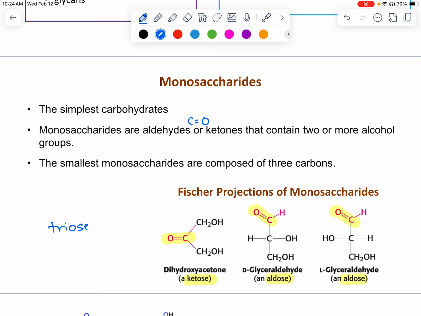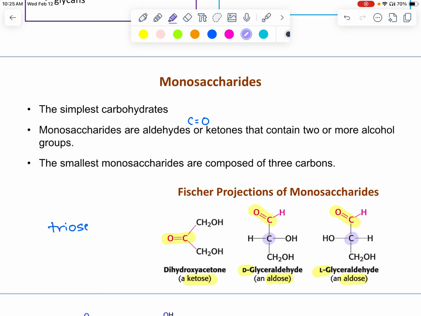As we look over here on the right, we'll see that we have the D and L piece, and we're going to come back and talk about that, right? That's because we have these chiral carbons right here, and so D and L, they can be those mirror images.